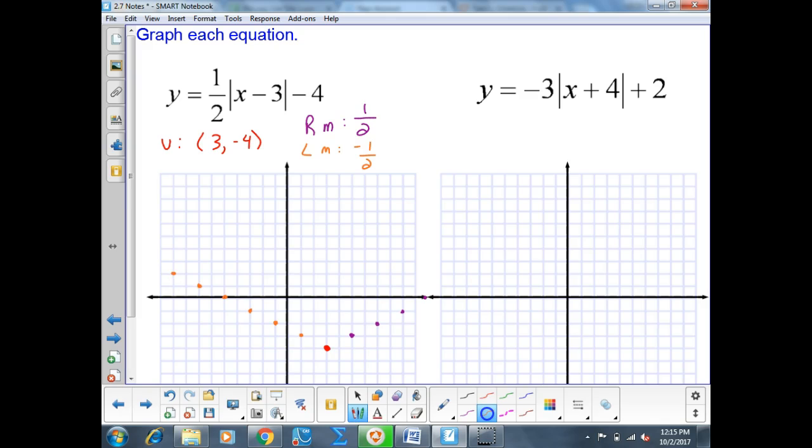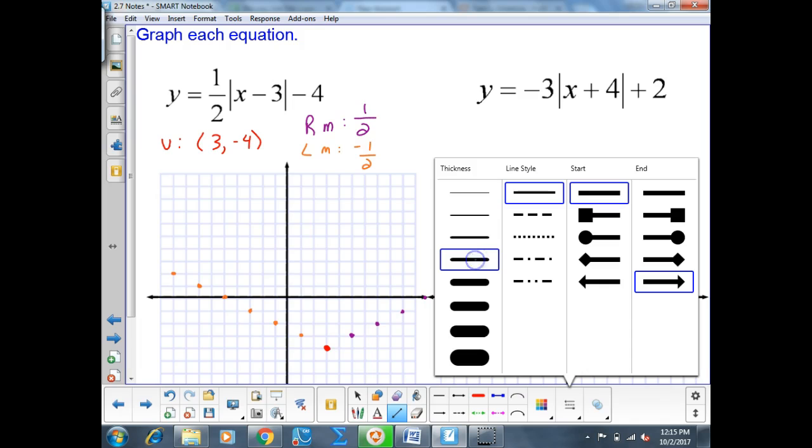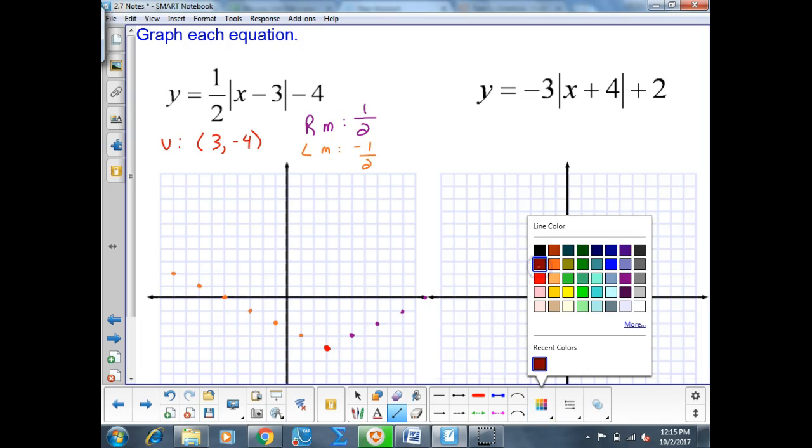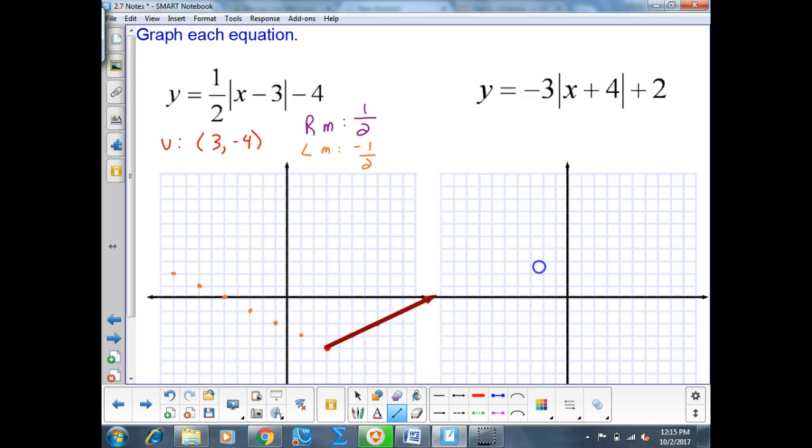Then I can connect those, and I have my V. Agree with that?